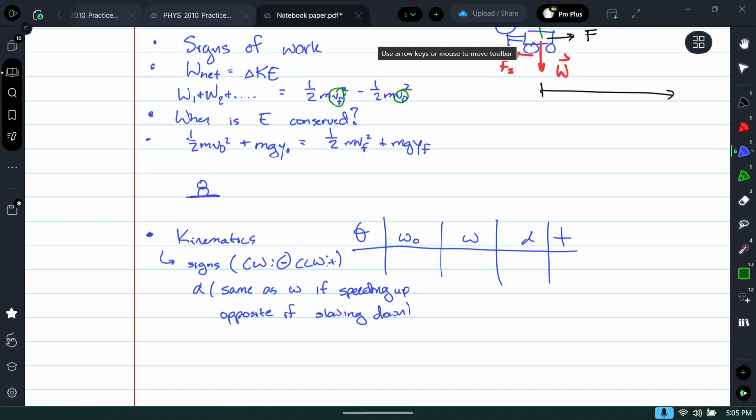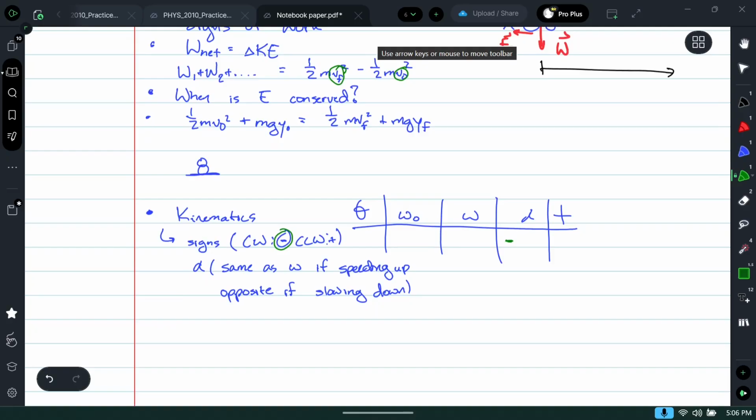I could give you a number, but I'm more sneaky about telling you whether it should be positive or negative. I won't outright say it all the time. I'll say this object is going to be spinning faster here in just a second. And maybe I did tell you about the angular velocity. Maybe you did know that's negative. But you're going to have to infer from the fact that the object's spinning faster and faster that the acceleration should also be negative, should have the same sign. I won't outright always say it.